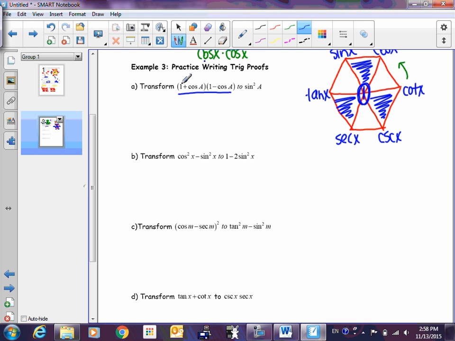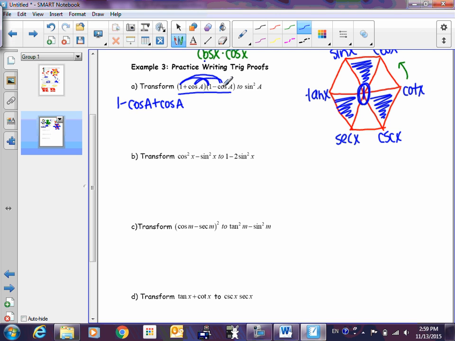Double distribute. So 1 times 1, that's going to be 1. 1 times negative cosine A is negative cosine A. Okay, then I have cosine A times 1. That's a positive cosine A. And it's okay that we're using A instead of X. It's fine.